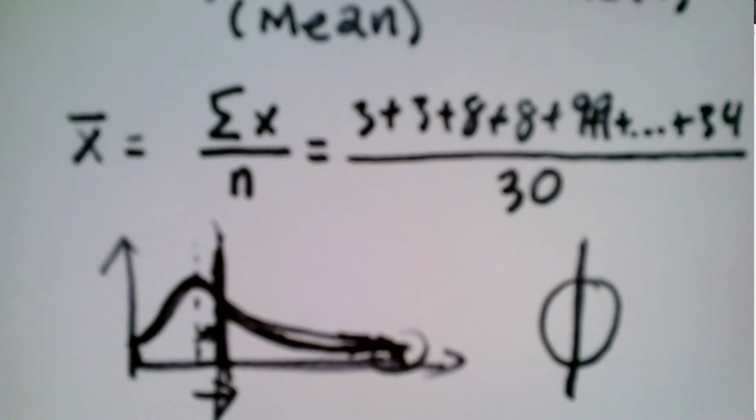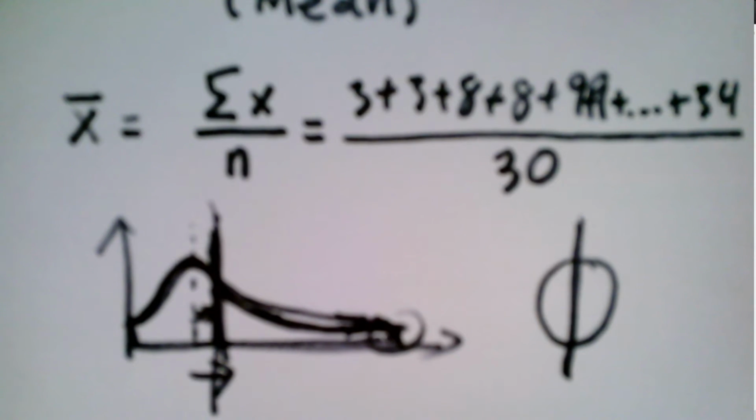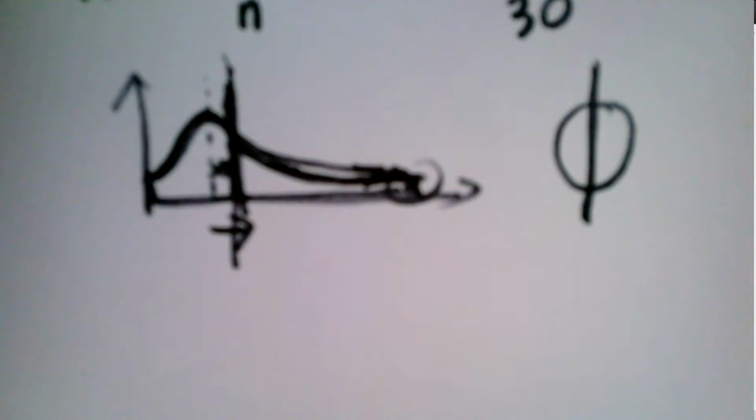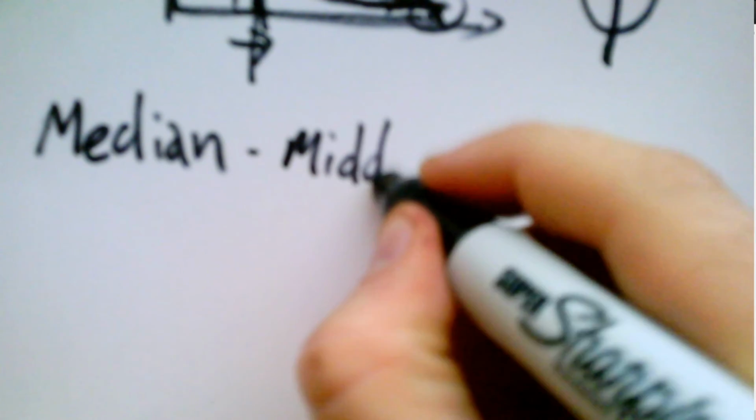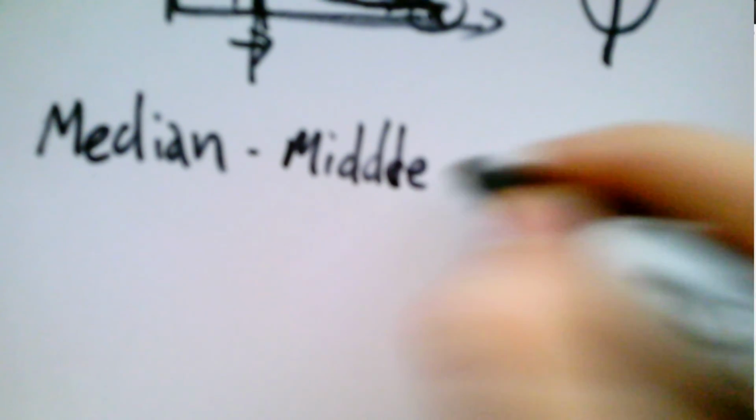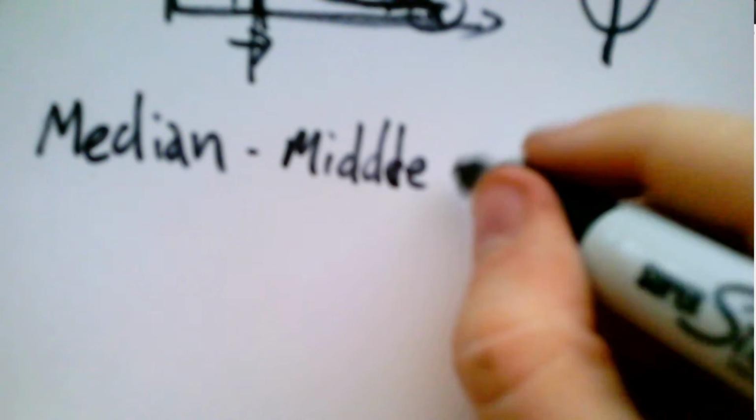But the average and the range are not the only two measures we have for the shape of a distribution. The next thing that we're going to talk about is called the median. The median is the middle entry in our distribution, the middle value.